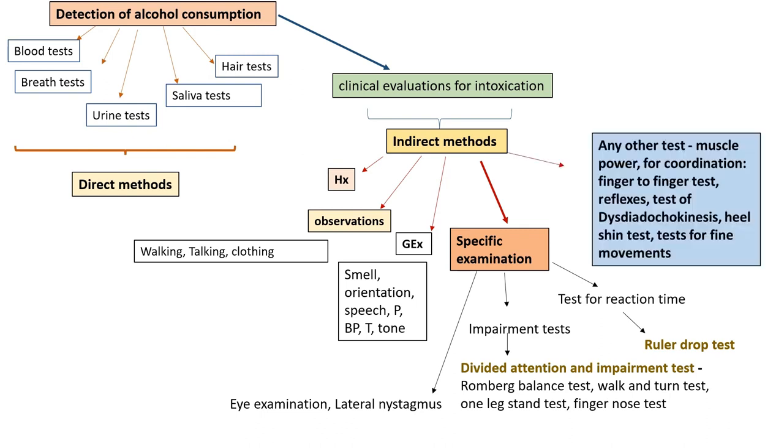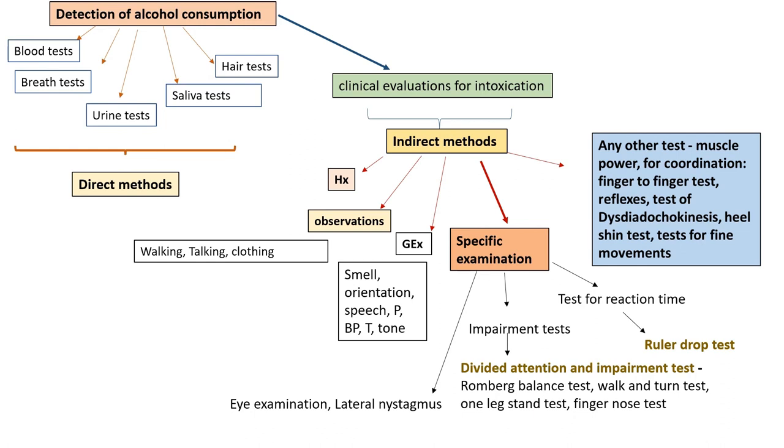However, with all these tests, there are certain other additional or miscellaneous tests a medical officer can perform on his own to decide whether the person is under the influence or not, such as testing muscle power.